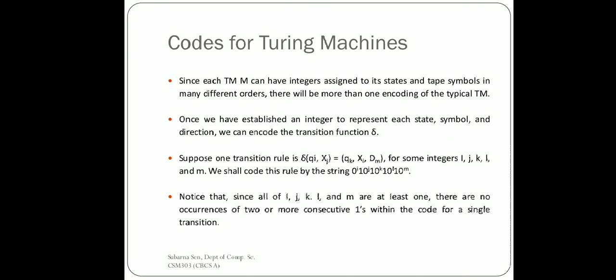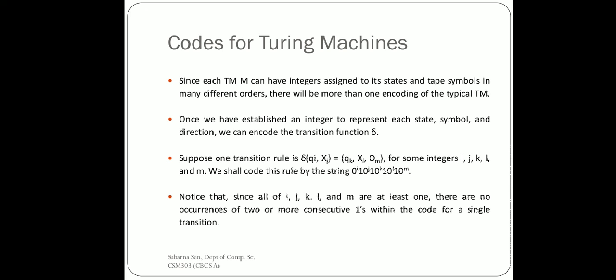Now we have to remember how we are going to do this. Suppose a transition is there where delta of q_i, x_j equals q_k, x_l, d_m. There are some typos here, just correct them. The state q_i transitions to q_k, replacing x_j with x_l, and then the direction is d_m. Here i, j, k, l, m are integers.